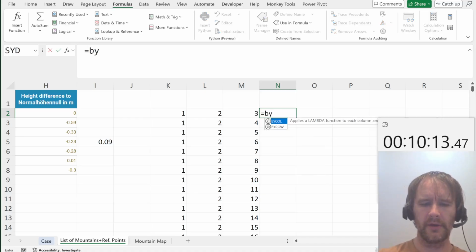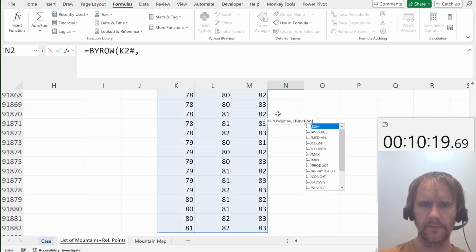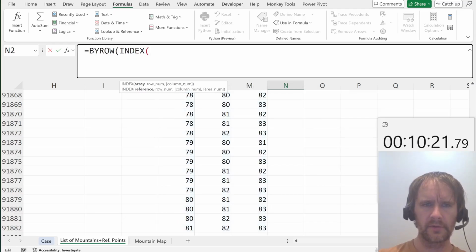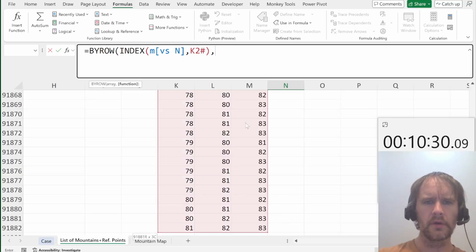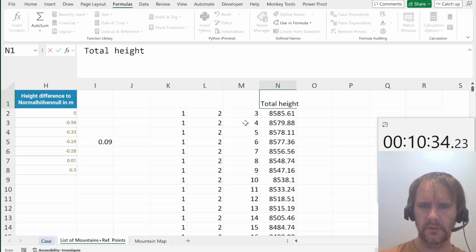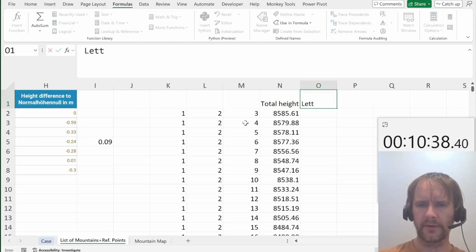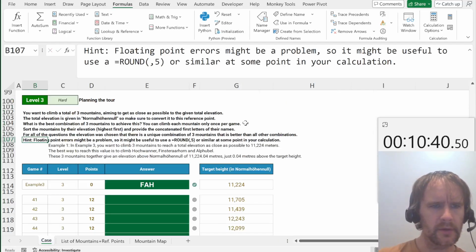Then I want to say BYROW, this, no, sorry, by row index M height versus N, but by all this stuff, some total height, and then letters in what order again?